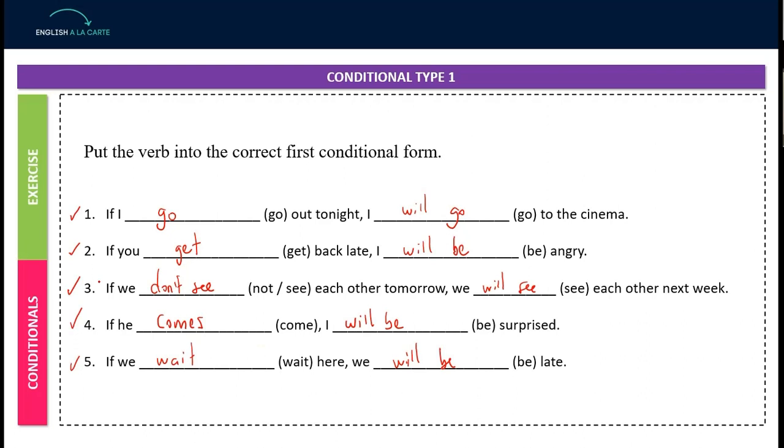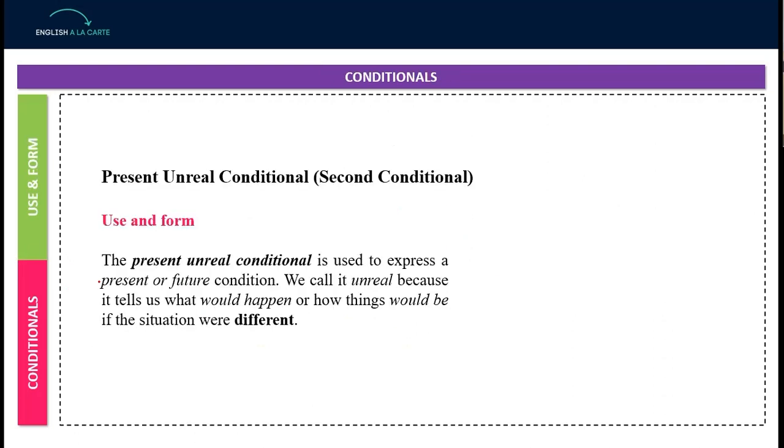Something can happen, right? If I work, I will get money. There is a possibility that something happens. Here, no. This is imaginary. You imagine a situation that is not true, but you dream. You dream about the situation.